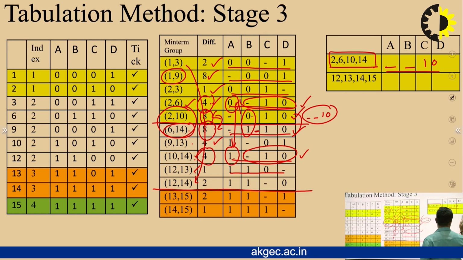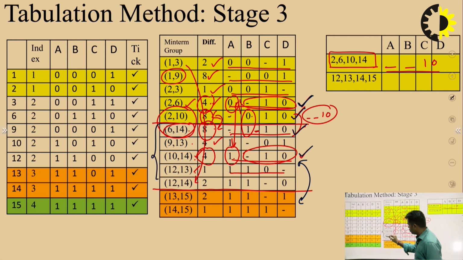To make it clear, I am changing the color. So I have ticked this term, this term, this term and this term. Now grouping these two, making this group and this group, checking for further grouping. 6, 14 difference 8, there is no difference 8 in the next section, so drop that. 9, 13 no difference of 4, 10, 14 no difference of 4. 12, 13 difference of 1 and 14, 15 difference of 1. So they can make a group.